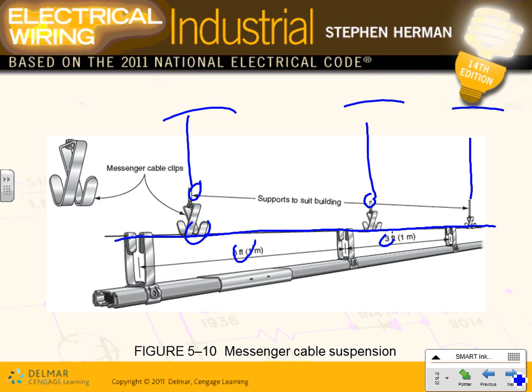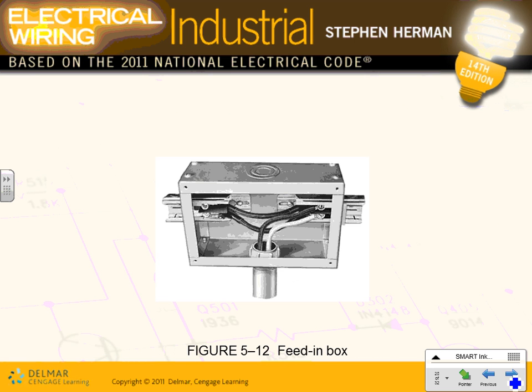Using a messenger, and again, I'm not an expert in the construction of these, will minimize the amount of rods you have to run all the way to the building. If you don't use a messenger, you have a lot of support, every 5 feet or so. If you have a messenger, you might put rods every 20 feet, or every 30 feet, depending on the load and so forth. So that's your support system.